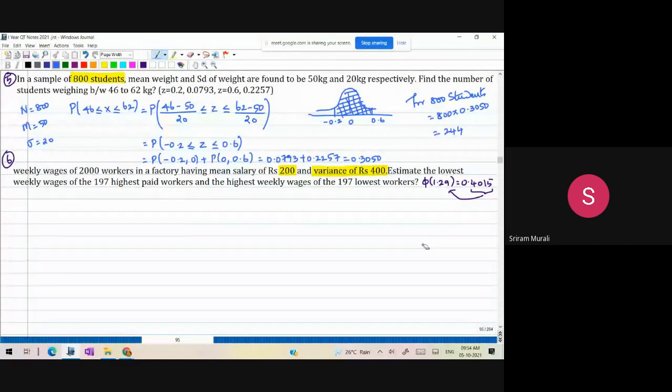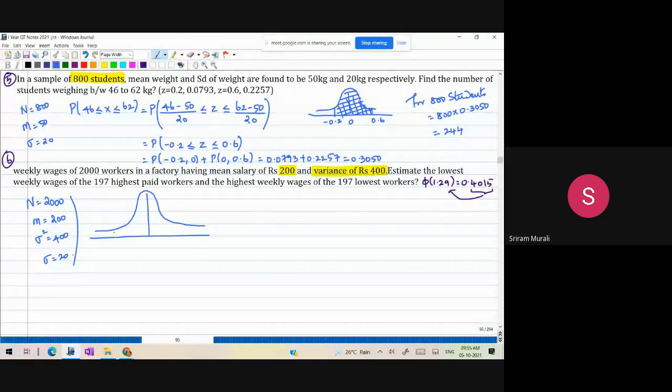So let us start this business. N is equal to 2000. Total number of workers in a factory is 2000. Their average salary is 200 and variance is 400. Therefore, SD is 20. What are they telling now? If you draw this normal curve, estimate the lowest wage.